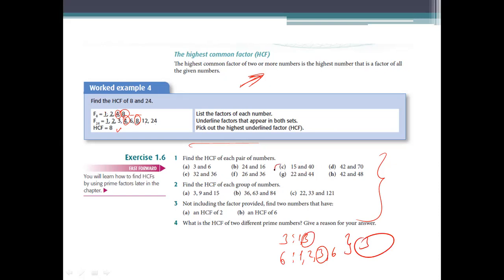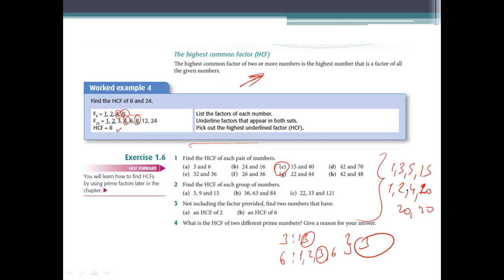And I want to solve C. What are the factors of 15? 1, 3, 5, and itself. And what about 40? 1, 2, 4, 10, and 20, and itself.